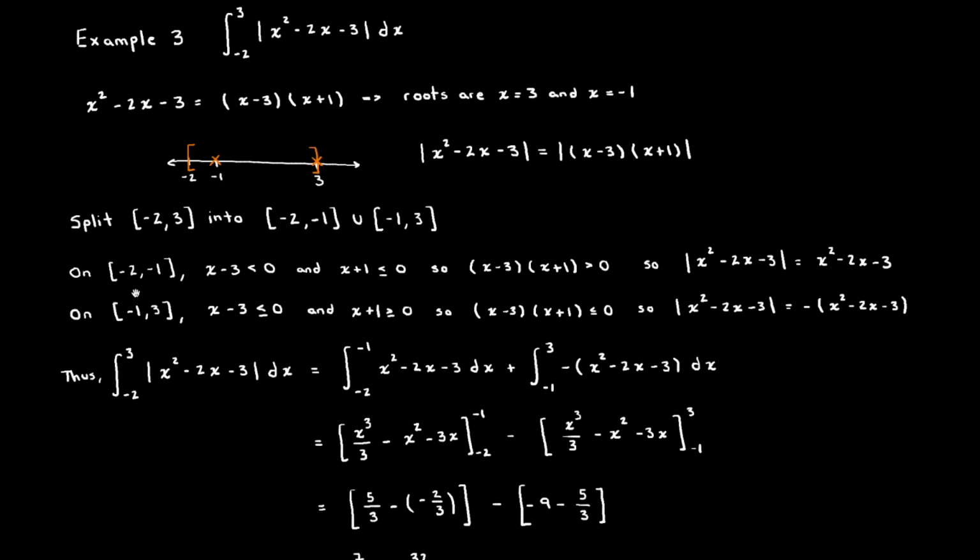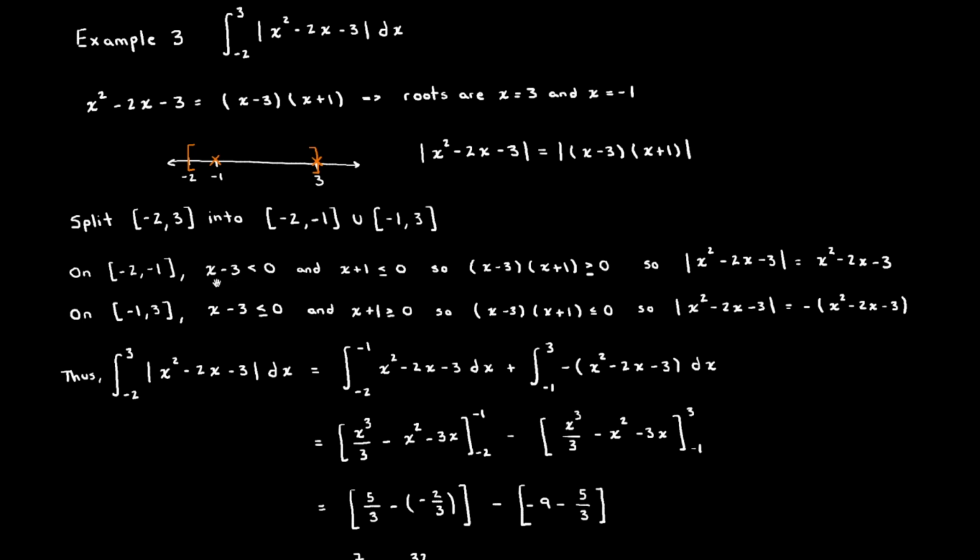So on the first subinterval, from -2 to -1, the x minus 3 factor is going to be negative, right? As long as x is less than 3, this will be negative. Similarly, the x plus 1 factor is also less than or equal to 0. This will happen as long as x is less than or equal to -1, which we are on this interval.